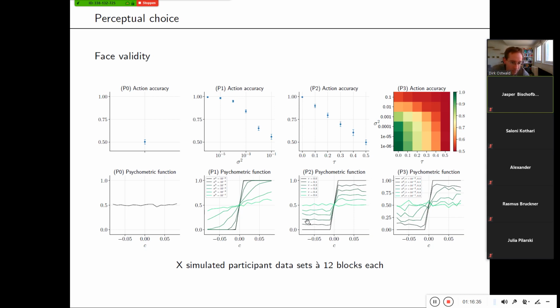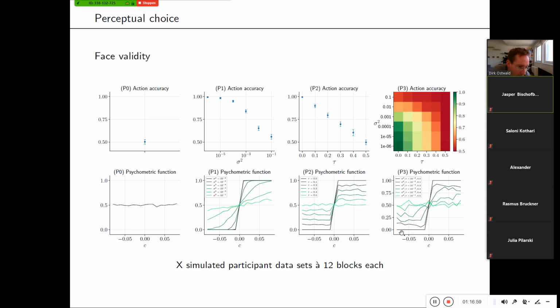If it's making errors, say 25%, it's this step function, and this is quite different from this. These psychometric functions are not quite nice. As I said, these are just 10 simulated participants. The reason is that the whole fitting takes longer for this. I can tell you later about this if we go to model estimation.